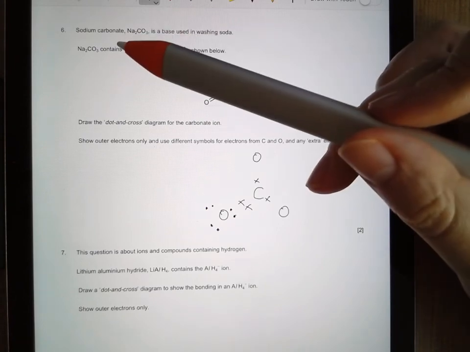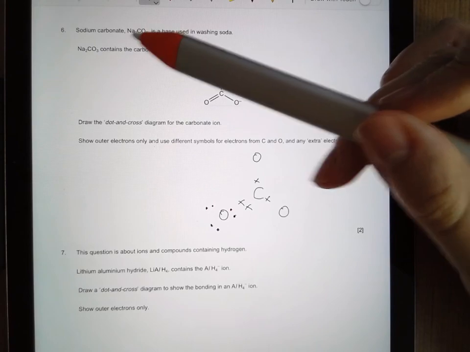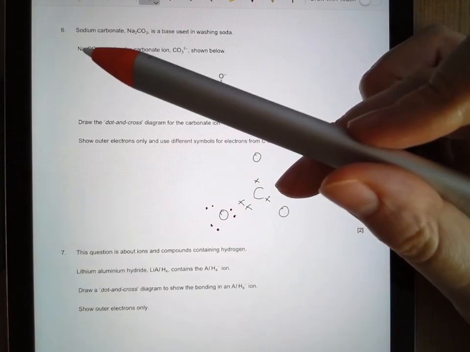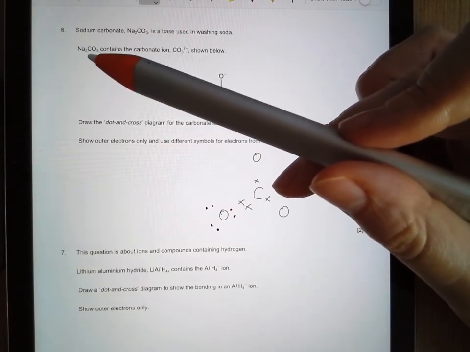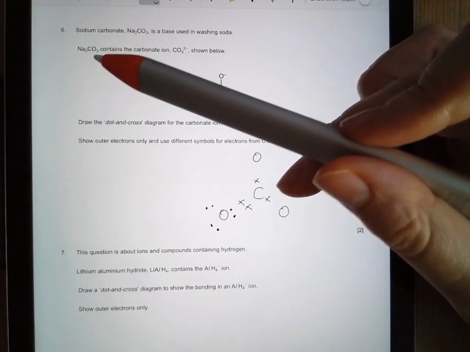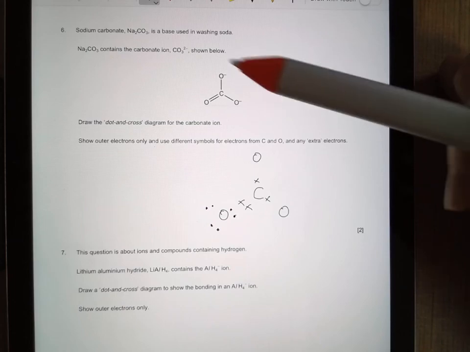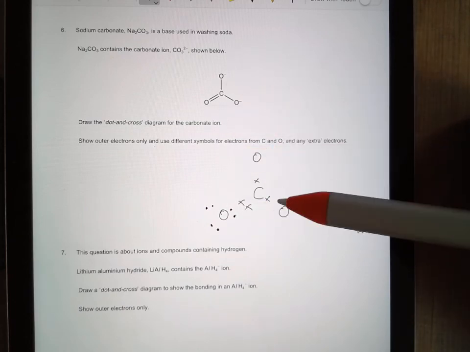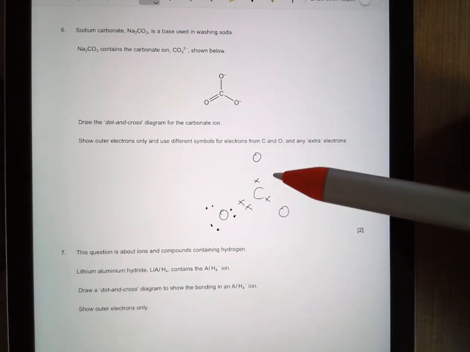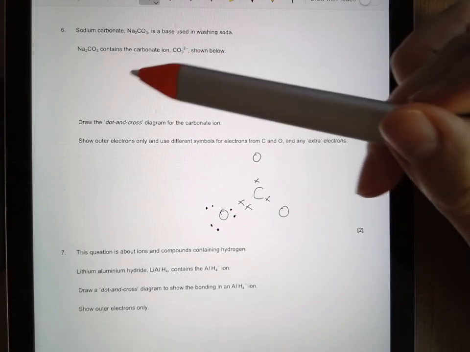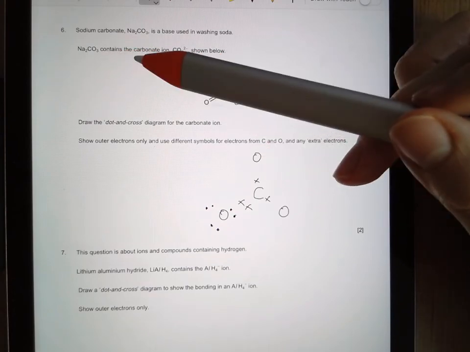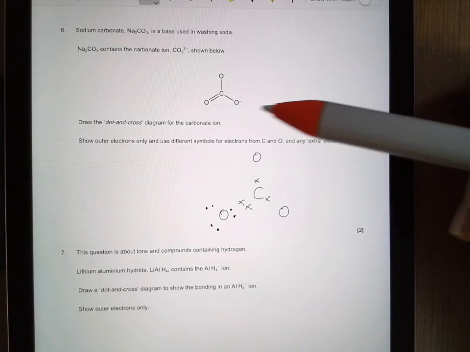And you can see here that you're talking about sodium carbonate. So we know when sodium reacts, sodium's a metal, it's going to lose 1 electron. You had 2 sodiums, which each lost 1 electron, and those electrons have been gained by oxygen. So when I'm drawing my electrons here, it's not just oxygen's and carbon's electrons I'm drawing. I've also got 2 extra electrons I need to assign that have come from sodium.